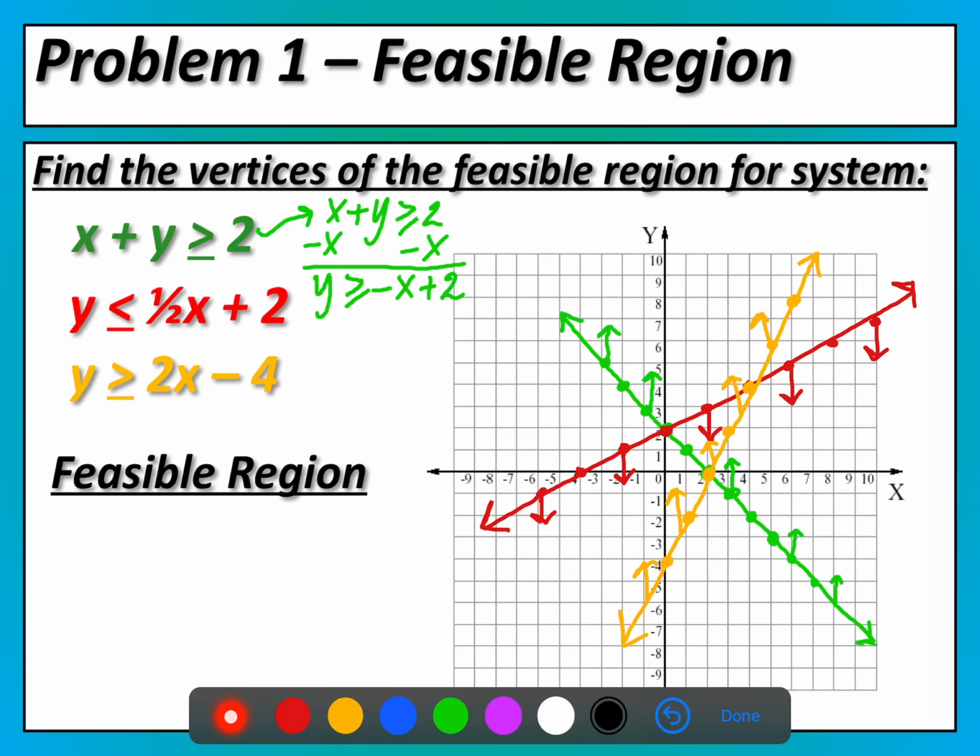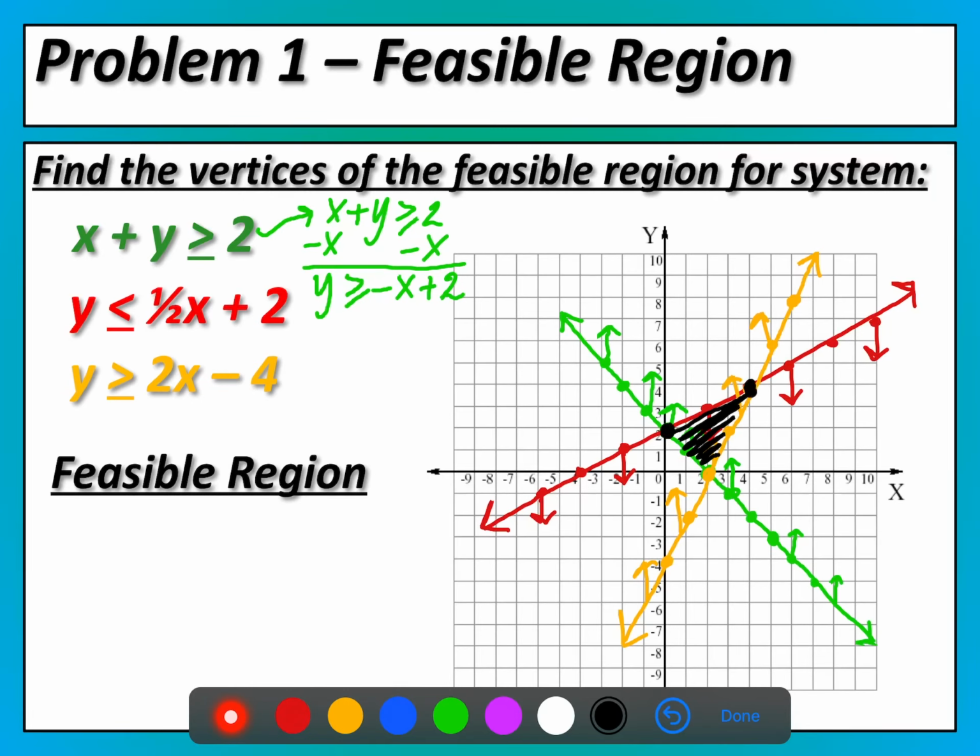Remember, the shading overlap is going to happen where all of the arrows point towards each other. If I put some more arrows on my green line, where do all of my arrows point towards each other? With the addition of that new green arrow, hopefully you see that it is this triangular shape here in the middle. So this is a bounded feasible region.